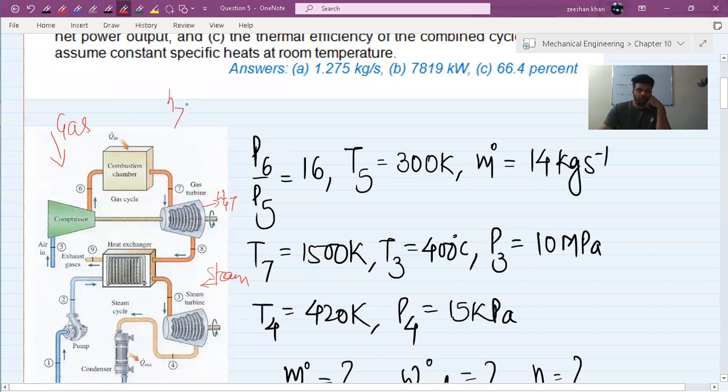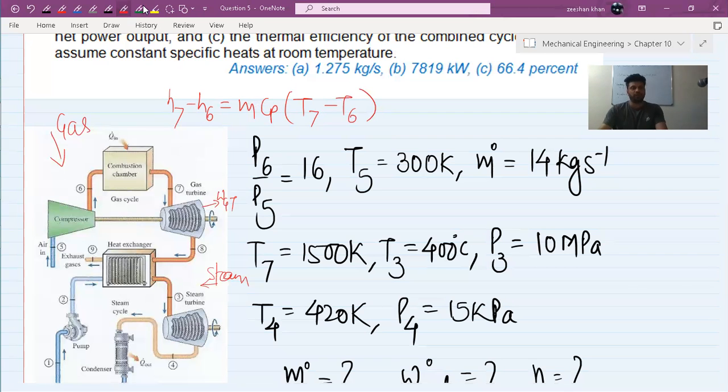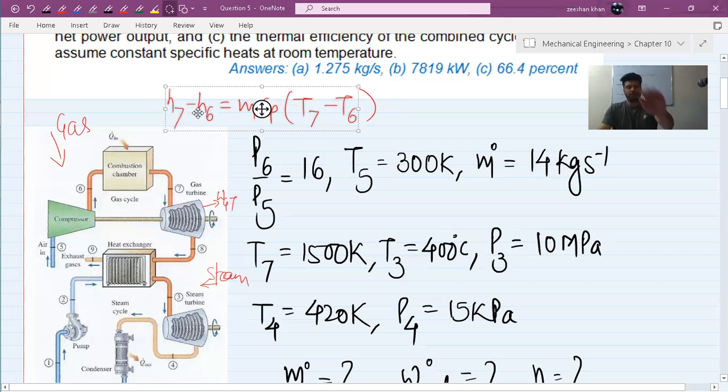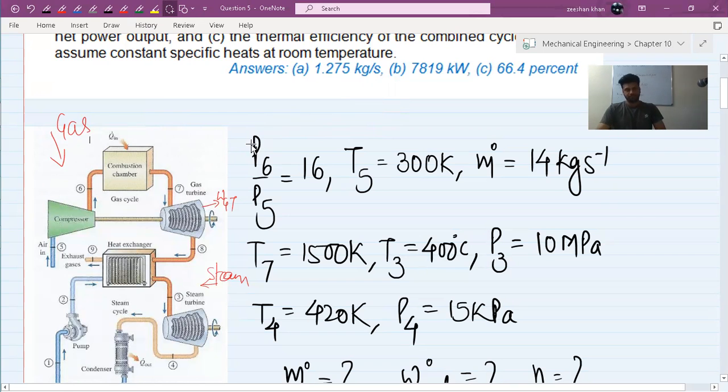Like if I want h7 minus h6, I'm going to use the mass into the specific heat at constant pressure into the change in temperature, so T7 minus T6. So always there's going to be this formula that I use for gases, and for steam I'm always going to use the steam table for calculation of enthalpies.